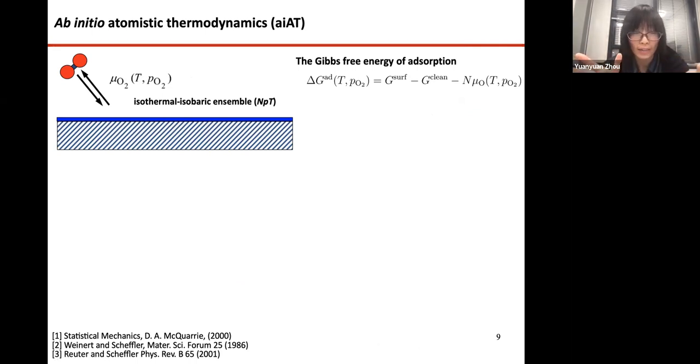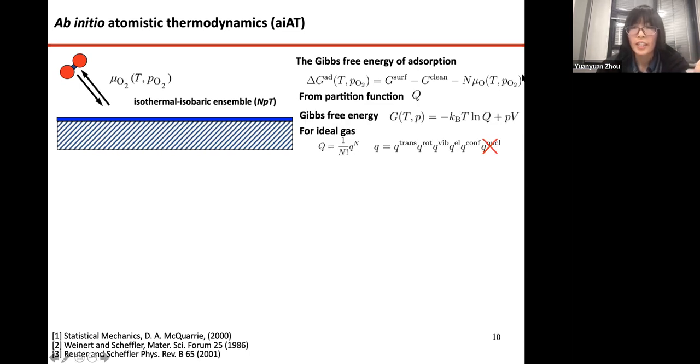So we can regard this system as an isothermal isobaric ensemble. The appropriate thermodynamic potential to describe this system is the Gibbs free energy of adsorption, expressed as the Gibbs free energy of the whole surface minus the Gibbs energy of the clean surface minus the number of adsorbed oxygen times the oxygen chemical potential.